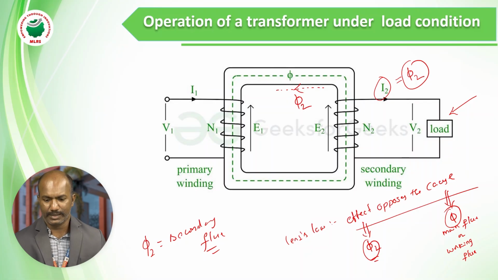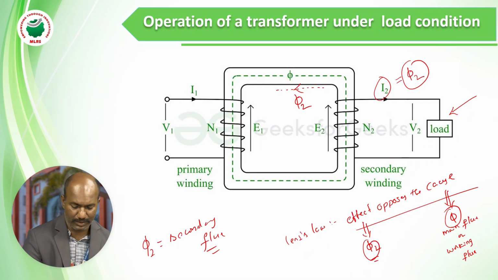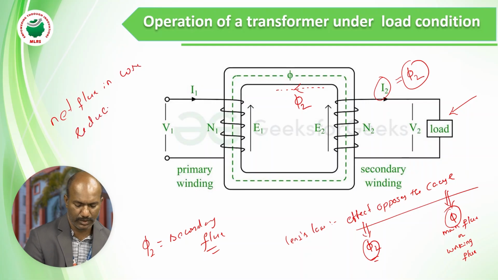Now what happens? As a result, net flux in the transformer core reduces. Why? Because phi and phi 2 flow in opposite directions. So net flux in the transformer core is reduced.